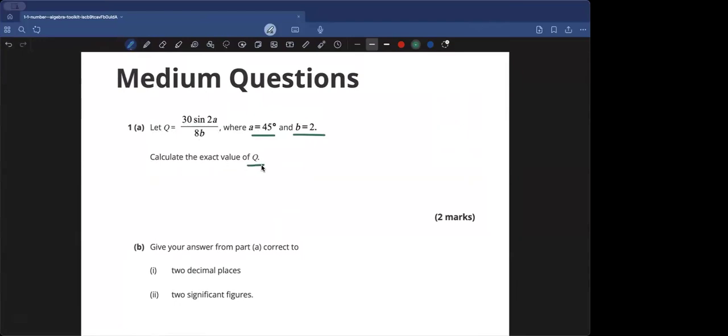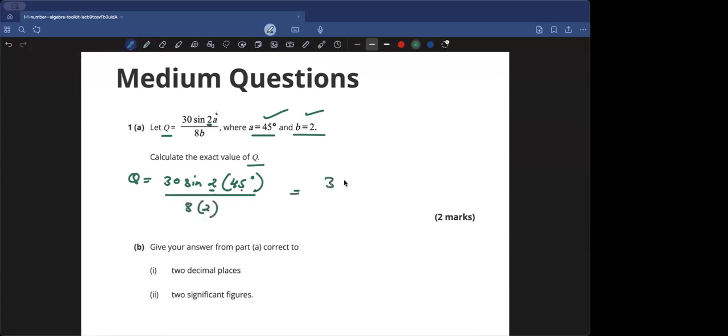What we have to do is simply substitute the value of A equal to 45 and B equal to 2 into this Q. That gives Q equal to 30 sine 2 times 45 degrees, over 8 times 2.